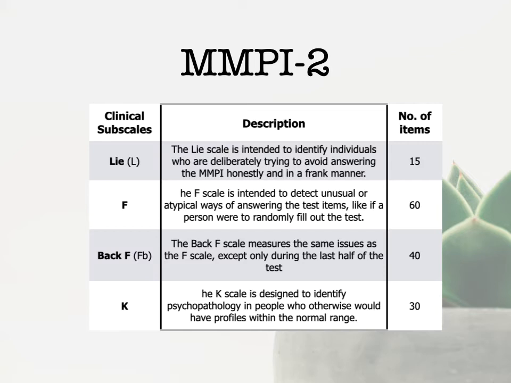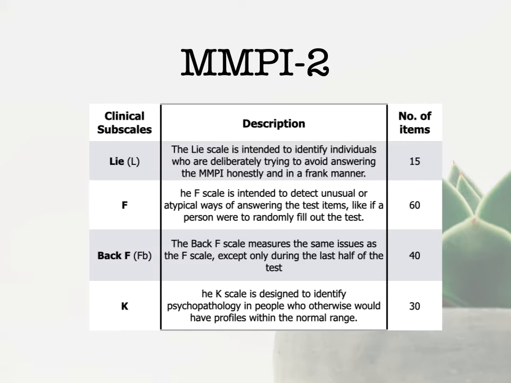You have the lie scale, the F scale, the back F scale, and the K scale. The lie scale is intended to identify individuals who are deliberately trying to avoid answering the MMPI honestly and frankly. The MMPI can detect such patterns of responses.